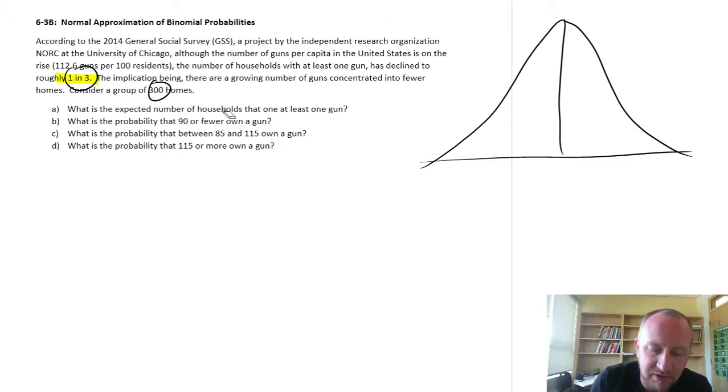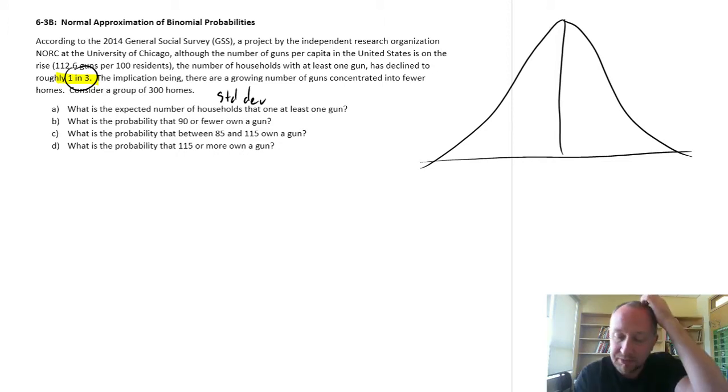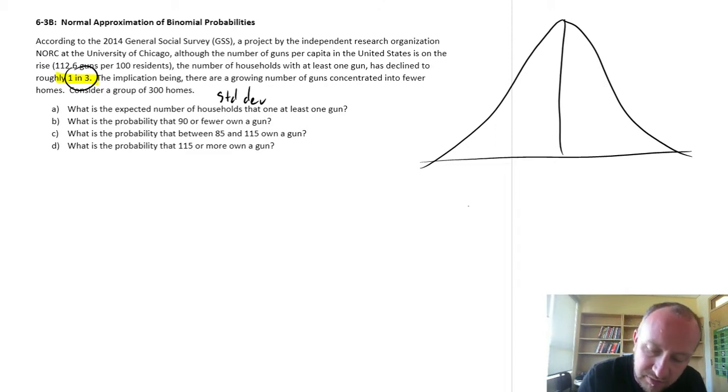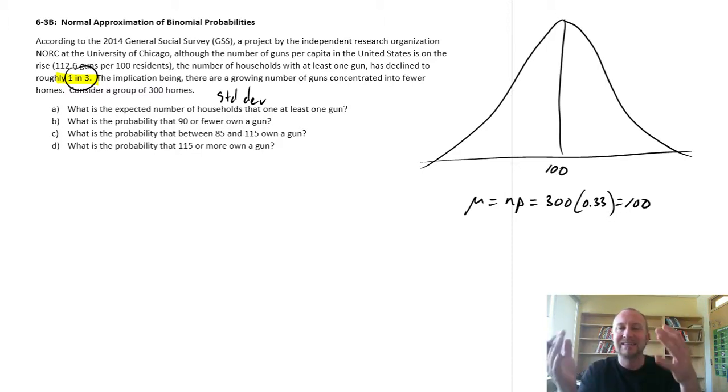What is the expected number of households that own at least one gun? We'll also need the standard deviation, because we need the parameters of our normal distribution. Our expected number, our mu, our average number of households, is just n times p. 300 times 0.33, so in these 300 homes we would expect 100 of those homes to hold at least one gun.